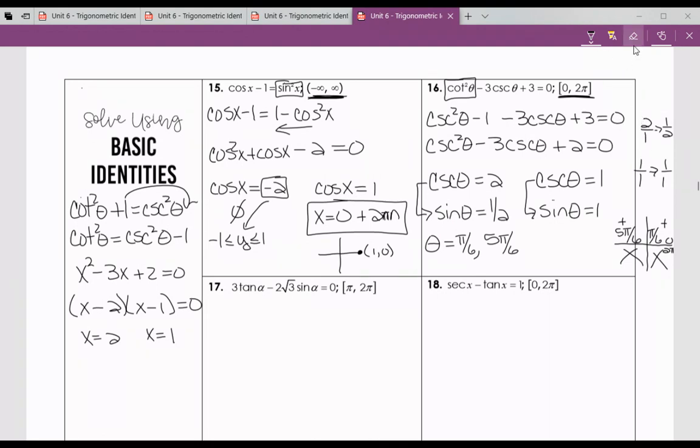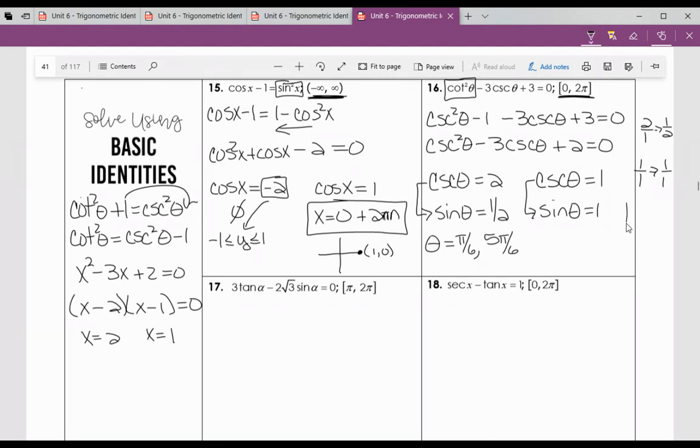So if I go to my unit circle, the only angles that have 1 and negative 1 and zeros between 0 and 2 pi would be 1, 0, 0, 1. You've got negative 1, 0, which does not help me.